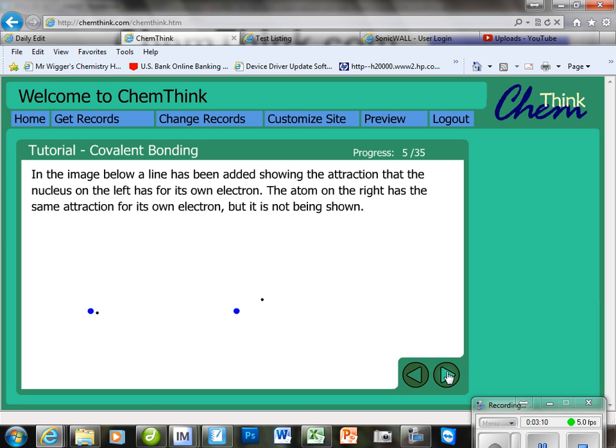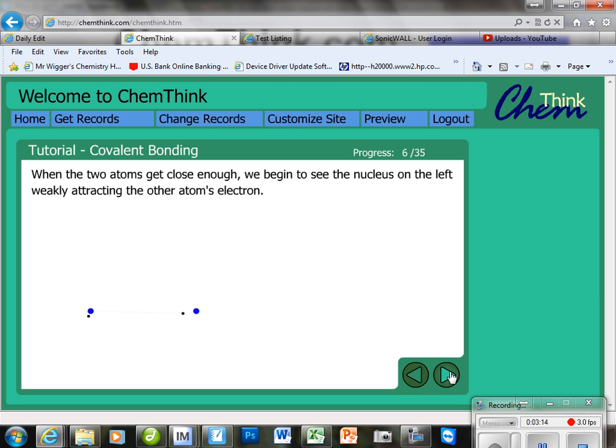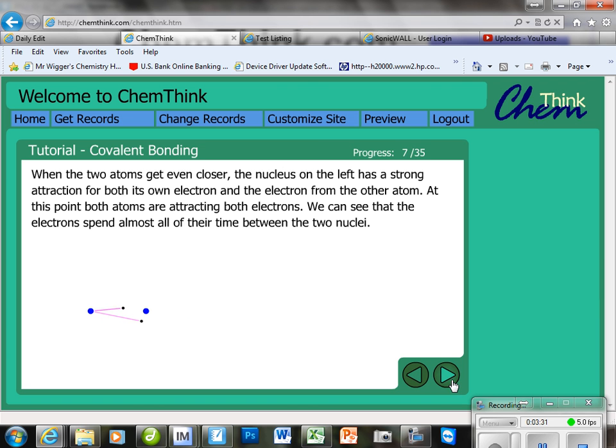Now we're going to go ahead and move these a little closer, and you can see how that dramatically changed the way that the electron was moving around its atom. And it also changed the movement on this atom. Let's see if we can go a little closer. Yeah. And now we are hooked up at that absolutely ideal distance, and both atoms are tugging, but you can't see the lines of force.